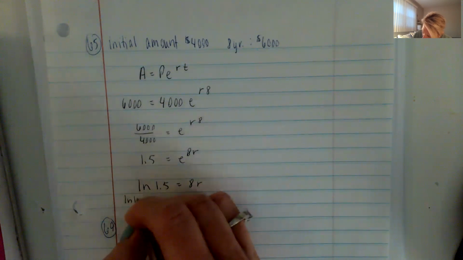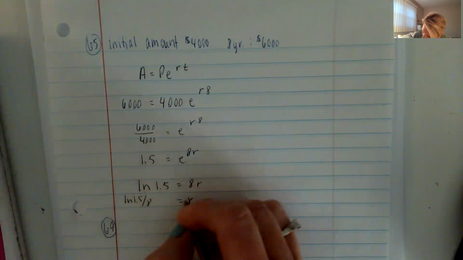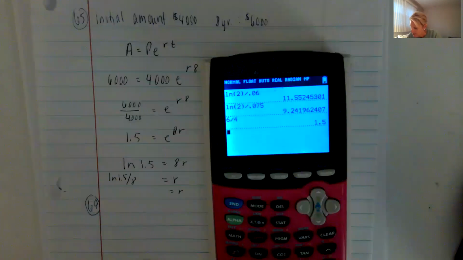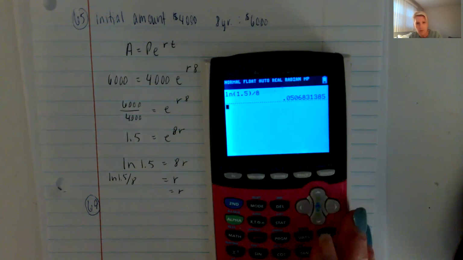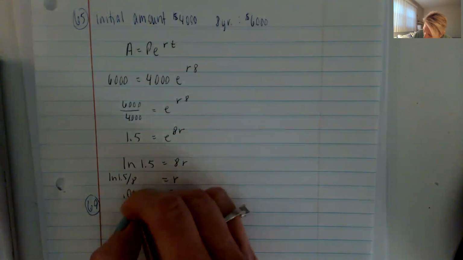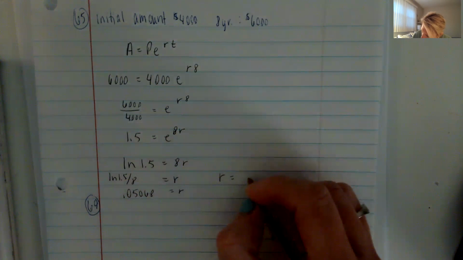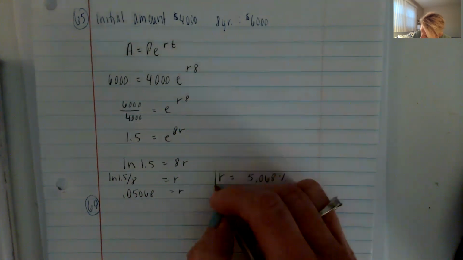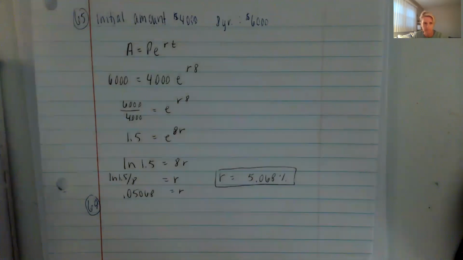So the natural log of 1.5 divided by 8 equals r. The natural log of 1.5 divided by 8 is 0.05068. So the rate is 5.068%. Cool.